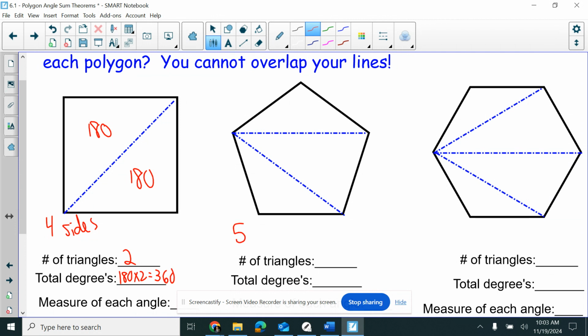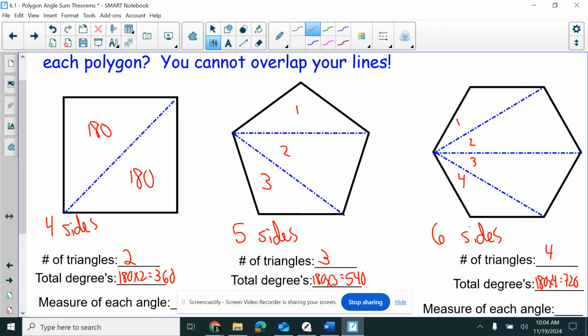If there's 5 sides, then I would have 1, 2, 3 triangles if I break it up. And 180 times 3 equals 540. If there's 6 sides, that would break into 4 triangles. So the total degrees would be 180 times 4, which equals 720.